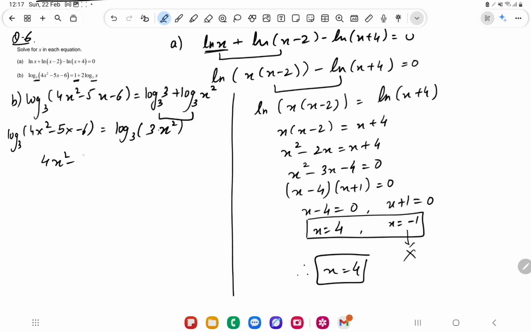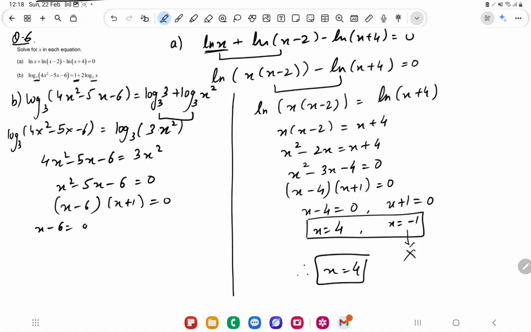So on comparing the brackets, I will get 3x square as my expression, and on further simplification I will get this equation. Now again I will do middle term splitting. So I will get x minus 3 into x plus 1 is equals to 0. This again says either x minus 6 is 0 or x plus 1 is 0.